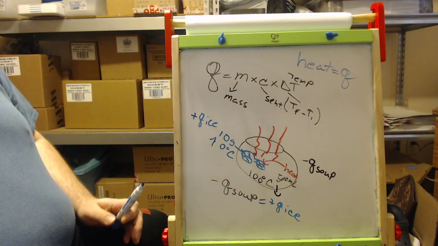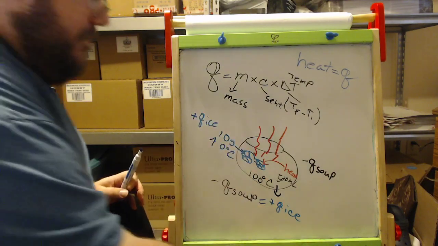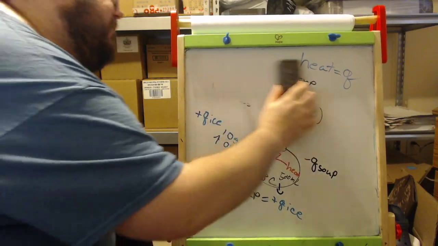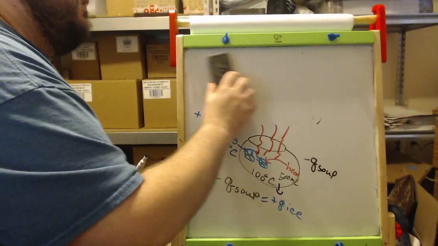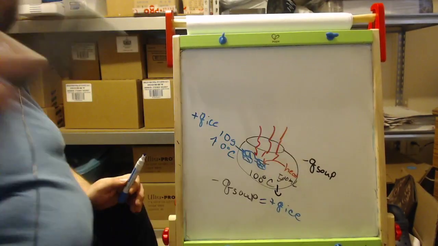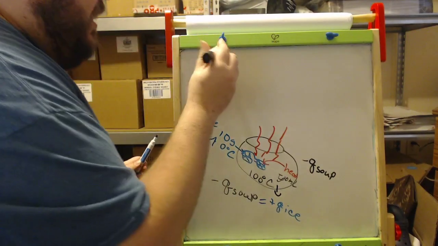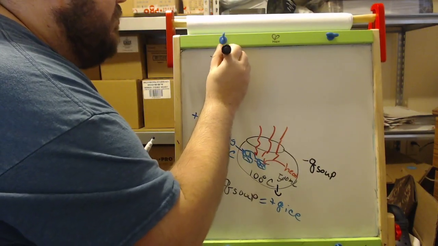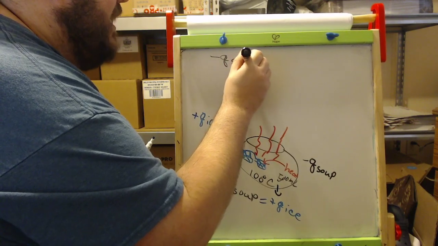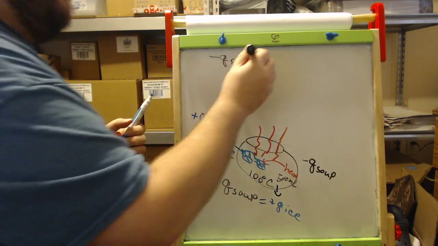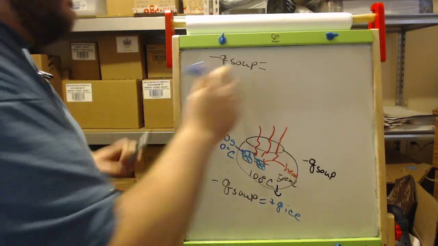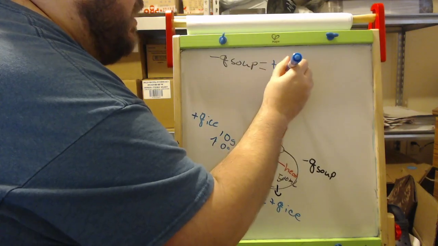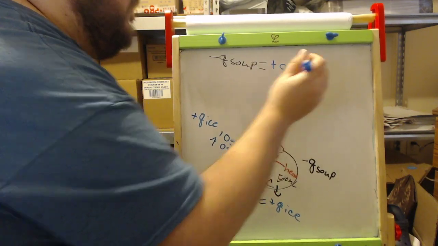Now, after you draw the picture and after you understand, that's when you attack this formula. Now listen to me. Listen good here, and then you'll never have to worry about anything. It's important that you know which one's negative, which one's gaining, and which one's losing. The negative is the losing, the ice is the gaining, and here's why. I want to know the final temperature.